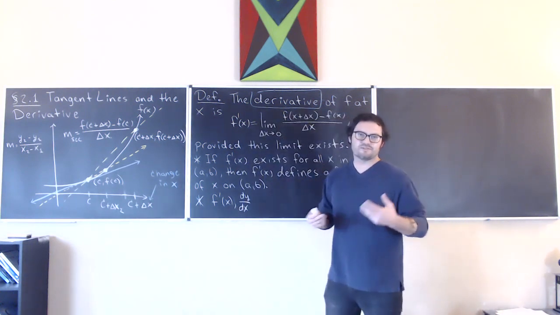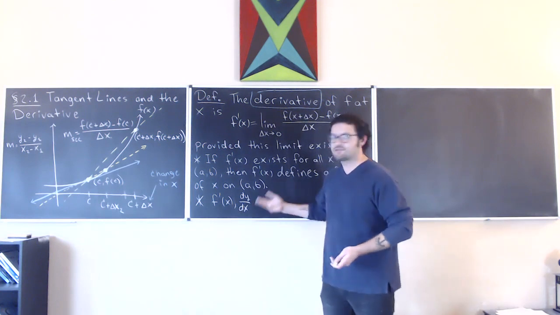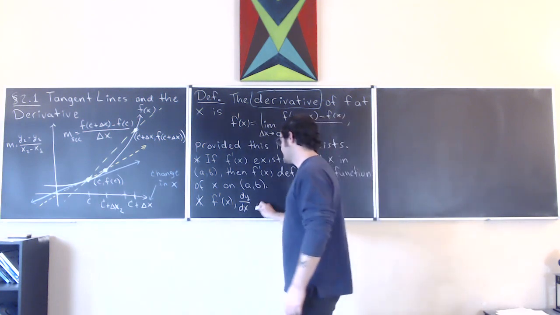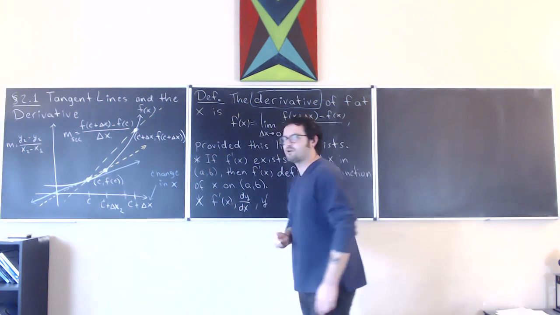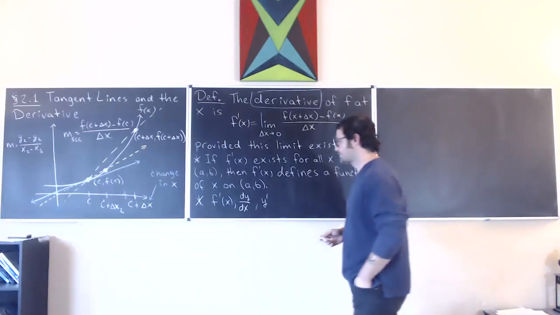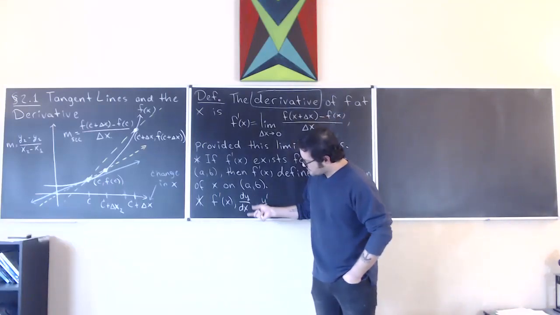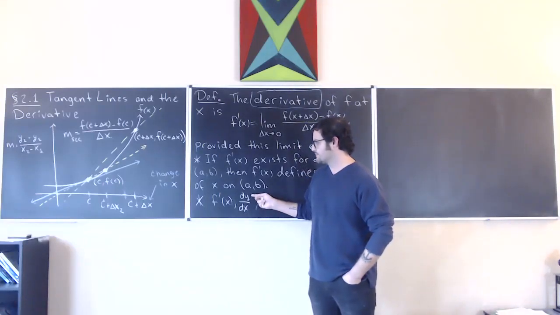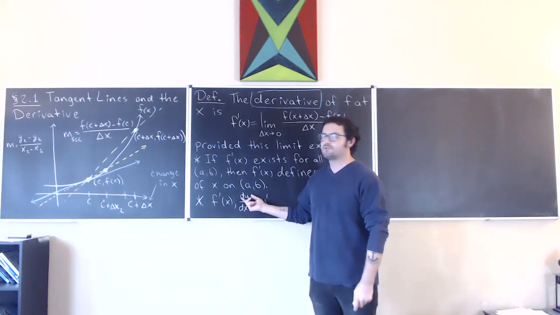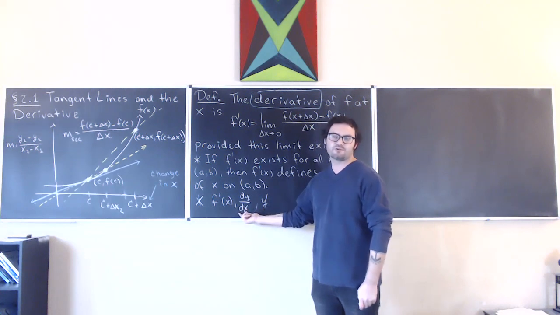So if you have y equal to x squared plus 1, then you can take the derivative of that and write it as dy/dx, or you can write it as y prime. I'm particularly fond of this notation here, dy/dx, and you can read this as the derivative of the function y with respect to the variable x.